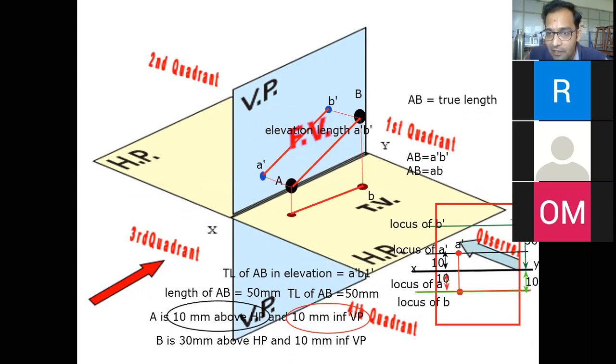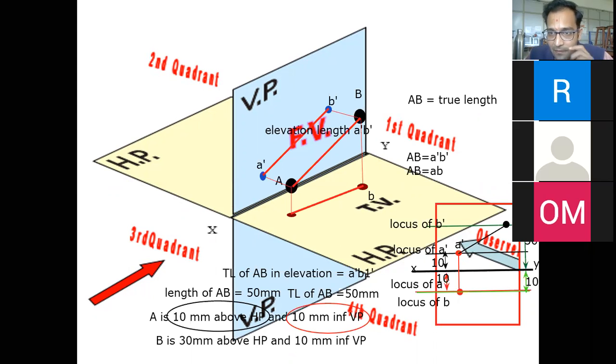Let us take some dark color so that you can find it visible. I'm taking black color, and from A dash I am making an arc. How much length does that arc contain? It contains a length of 50 mm. The arc is drawn with a compass. I'll be dropping that arc on the locus of B dash, and whatever intersecting point I get, I'm going to call that point B1 dash.